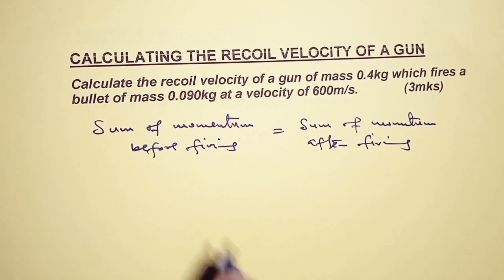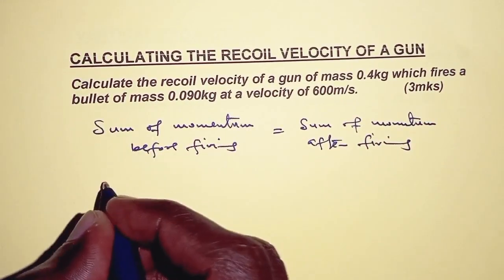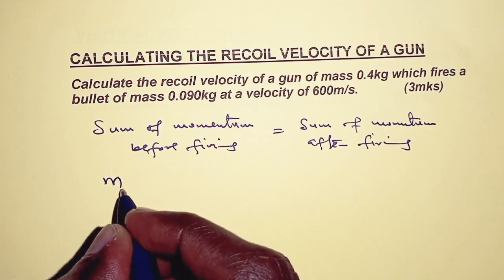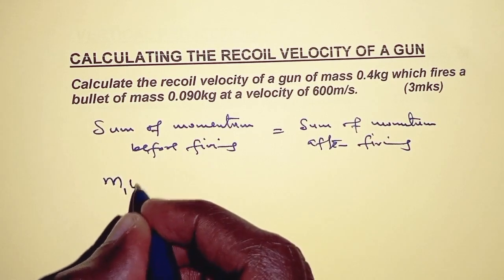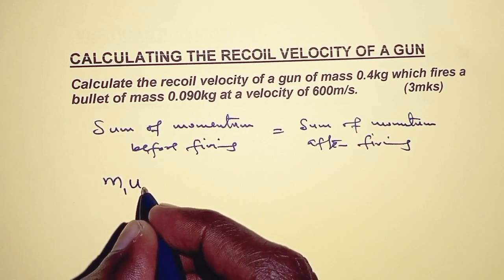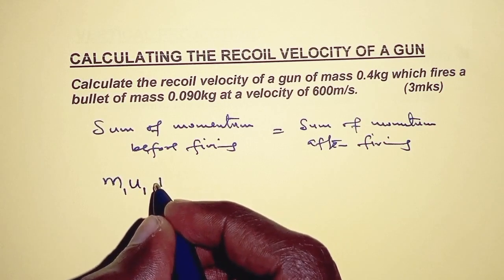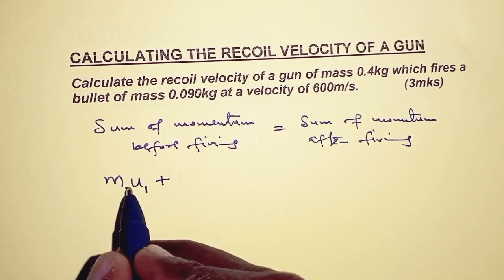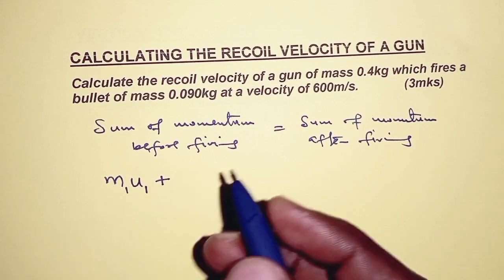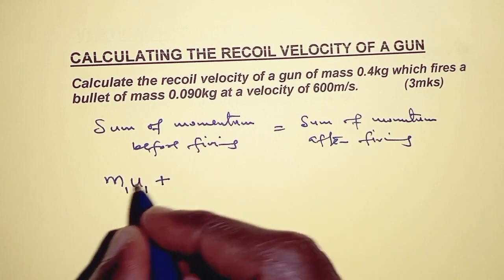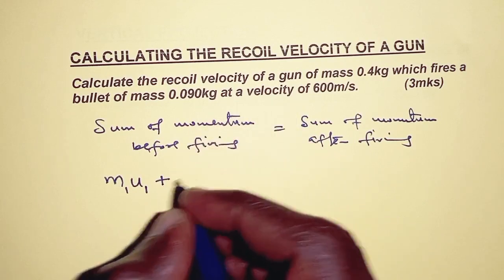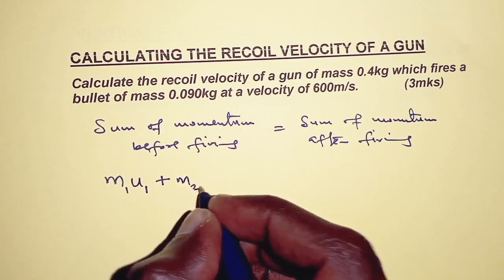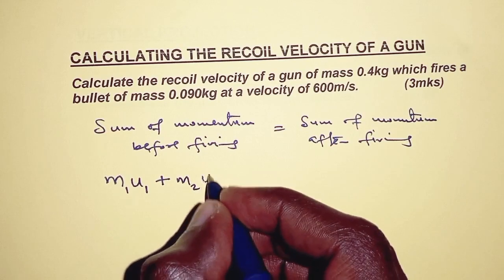And that is, if we have the mass of the gun represented by m1 and its initial velocity as u1, then this will be added to, so m times u, that is momentum, mass times velocity, and then we add that to momentum due to the bullet, that is m2 u2.